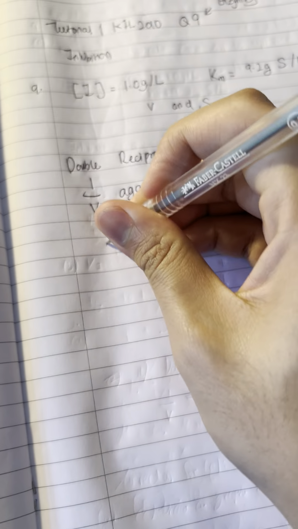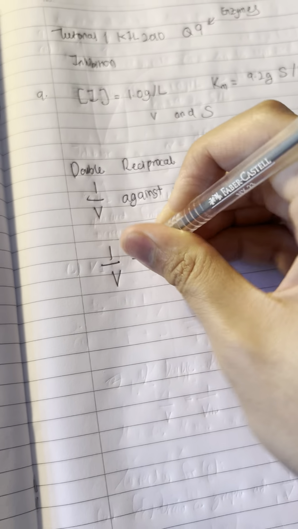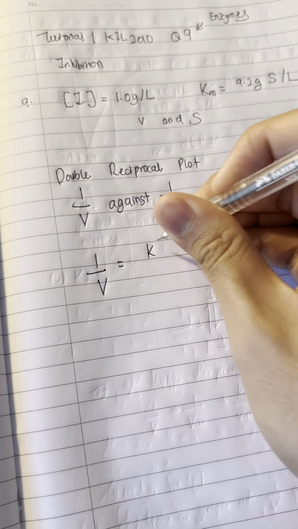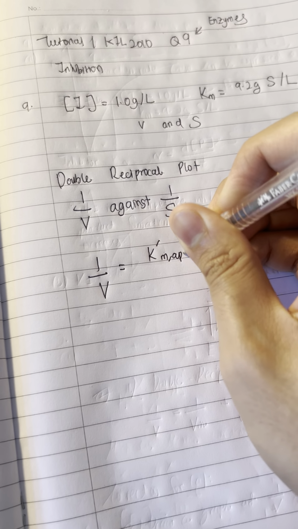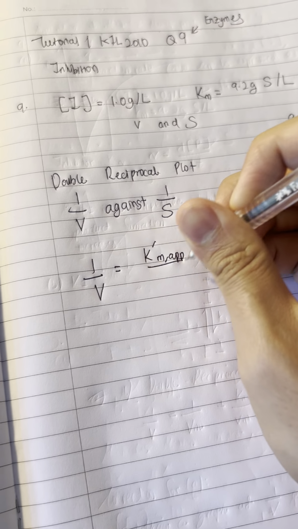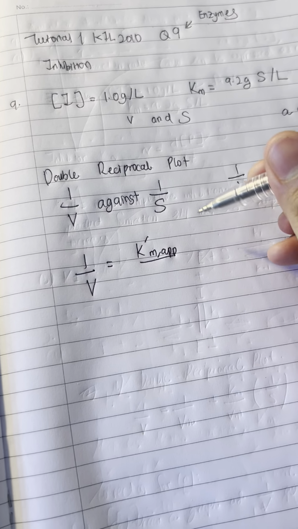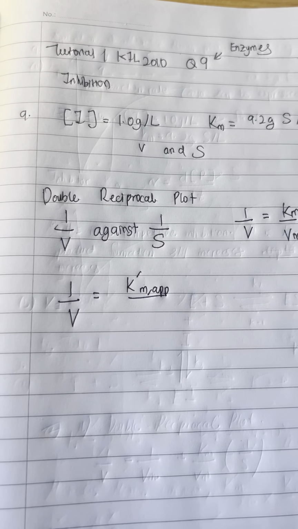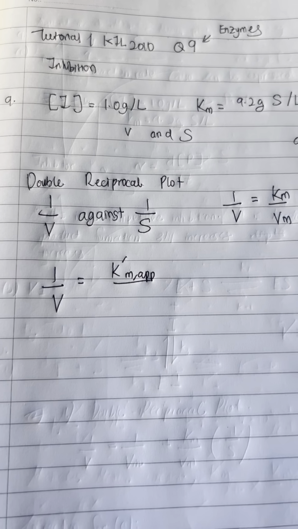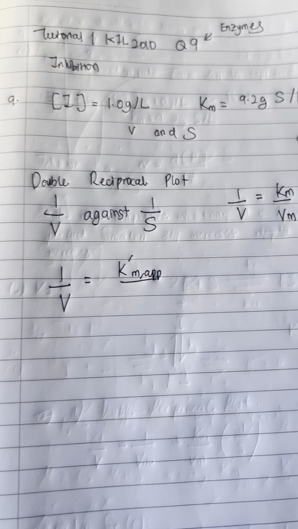In this question, what it mentions is that there are inhibitors being used. So which means that we need to draw 1 over V equals K prime M apparent. The Km apparent is after we have taken the inhibitor as part of the equation.